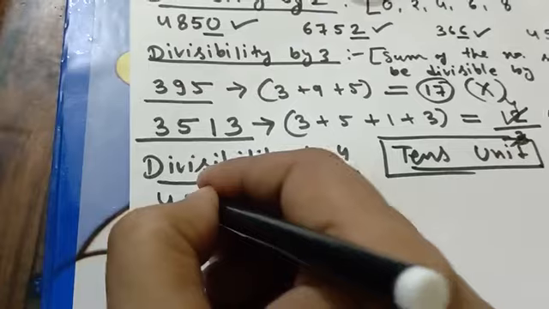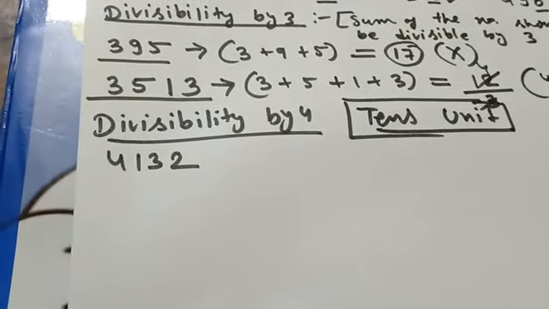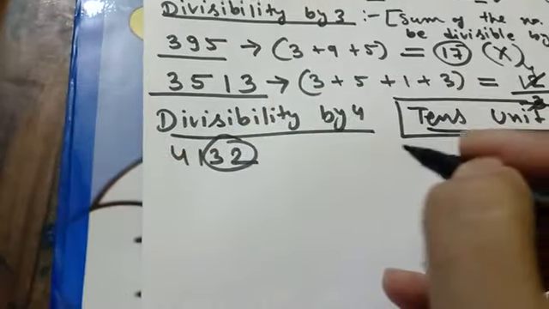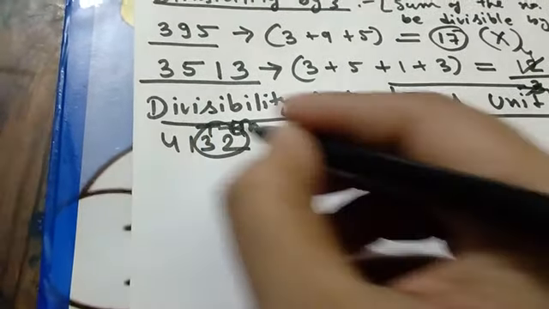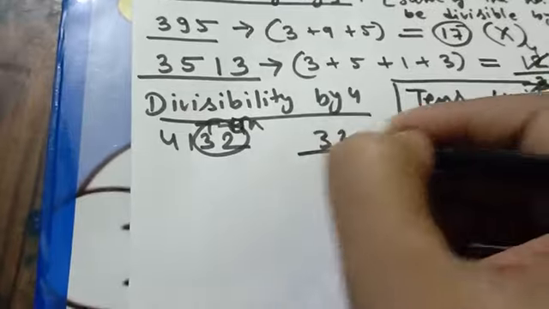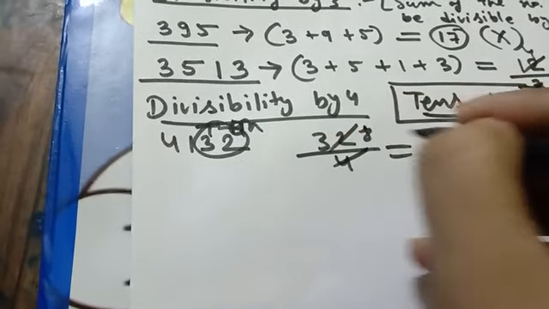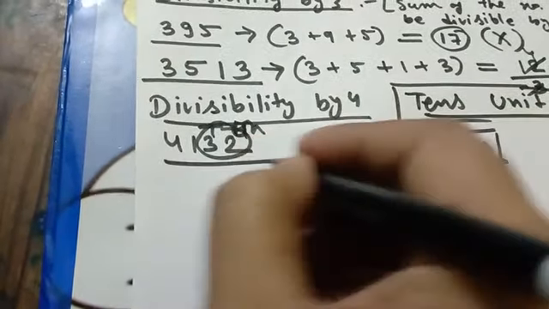Example, suppose I have taken this number. Check these two digits, tens place and ones place. 32 can be divided by 4. So the whole number can be divided by 4.